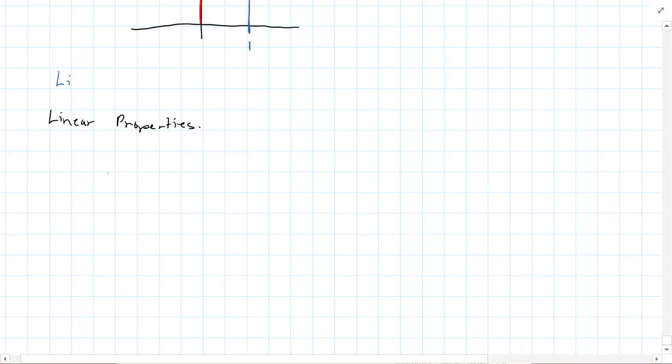That just basically means that if you have a1 f1 at t plus a2 f2 at t, then doing a Laplace transform of this, so I'll put an L for Laplace transform, is just a1 capital F1 at s plus a2 capital F2 at s.